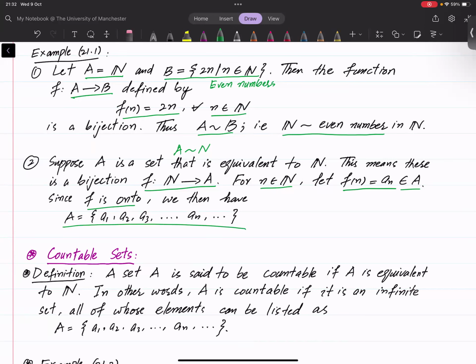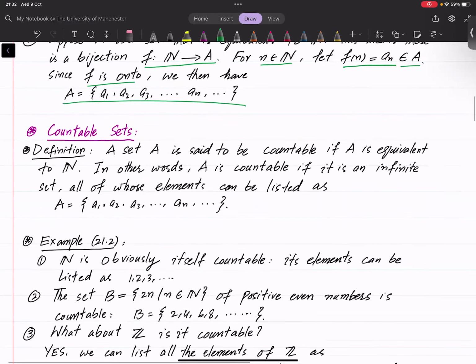That means that if there is a bijection from the natural numbers to some set A, then we can list the elements of that set. And that is a very useful technique to count the number of elements in any set. So we will use this technique to define the countable sets from infinite sets. So let's define the countable sets.